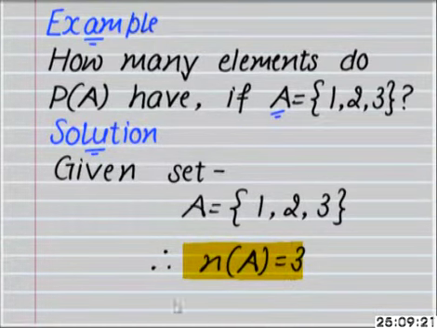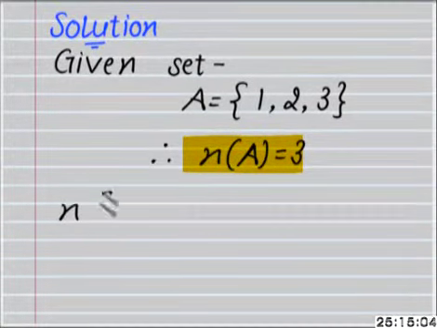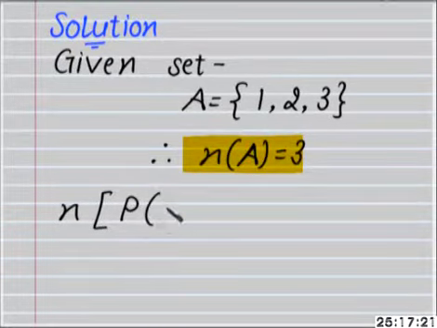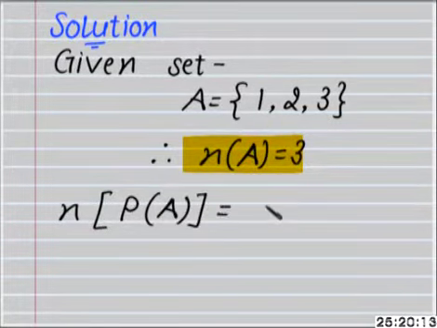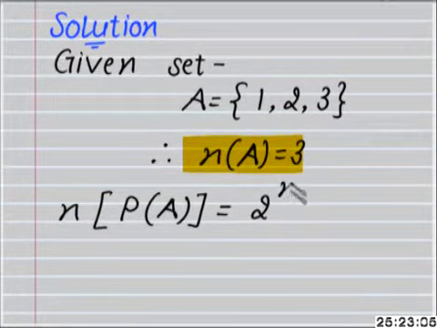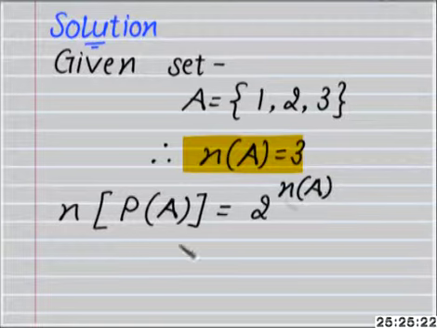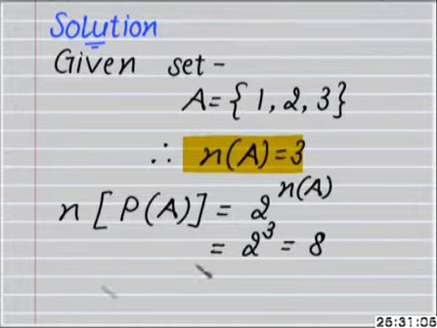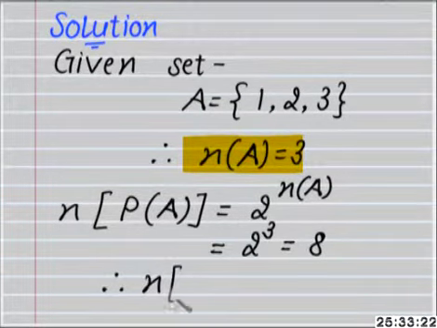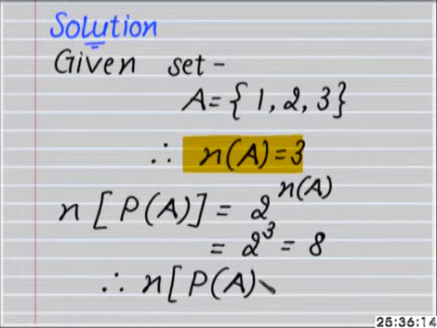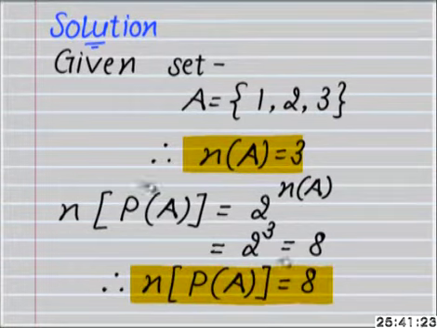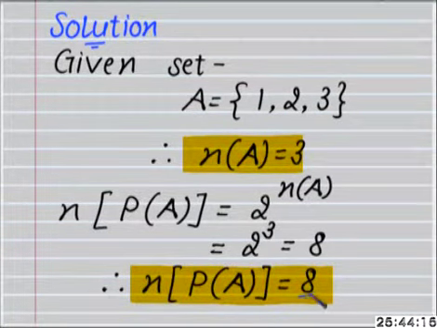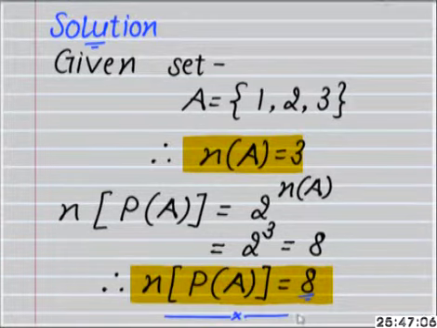Now, as per the definition of power set, number of elements of the power set of set A is 2 raised to the power number of elements in the set A, that is equal to 2 raised to the power 3, that is equal to 8. Therefore, number of elements in the power set of set A is 8.